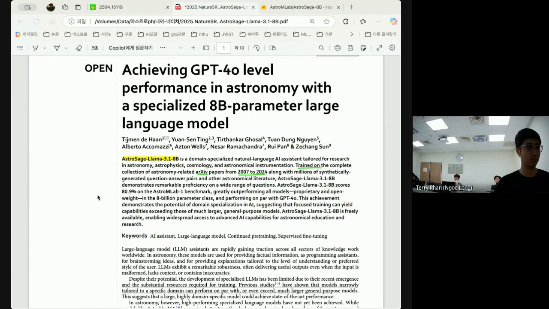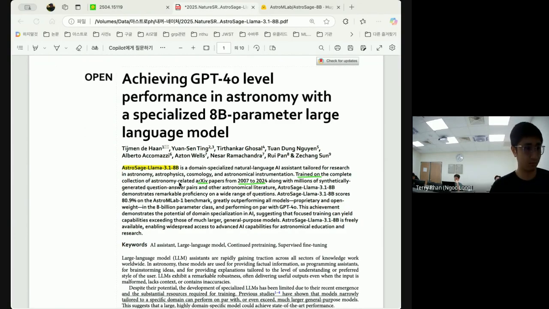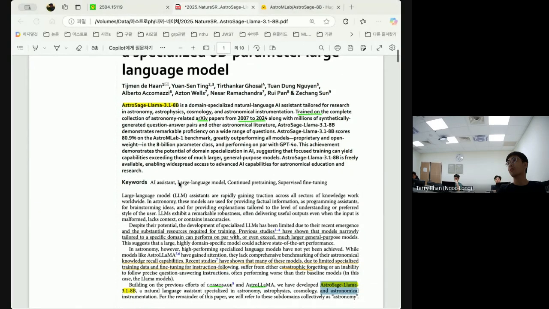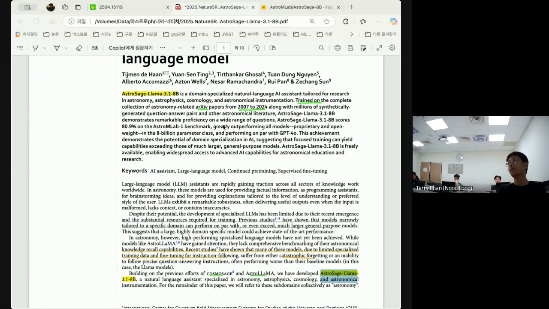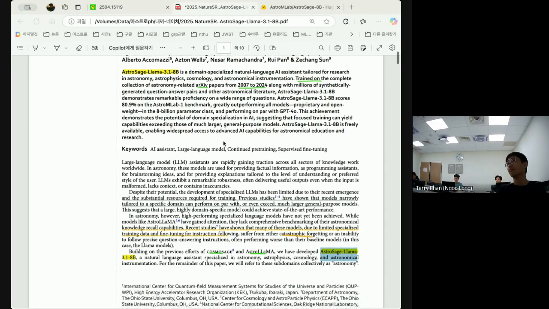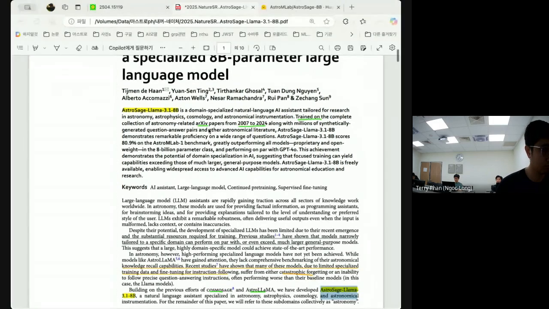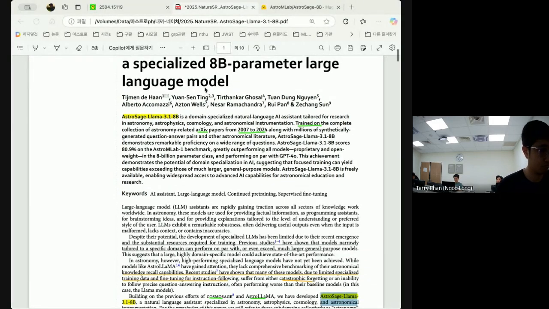This paper talks about a large language model for astronomy. Their model is trained on many arXiv papers from 2004, along with many QA, with the main aim of a high performance AI model specifically for astronomy.